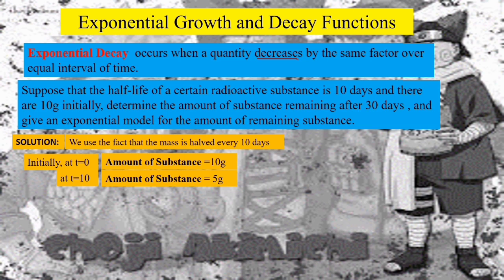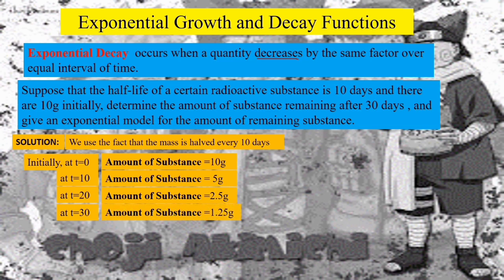Bakit every 10? Okay, tama. So, how about if t is equal to 20? So, every 10 days kasi siya nahahati. So, kung 20 days na siya, ilan yung substance mo? Amount of your substance. So, magiging 2.5. Eh, sa t is equal to 30, ilan yung substance mo? So, your amount of substance is 1.25 grams.